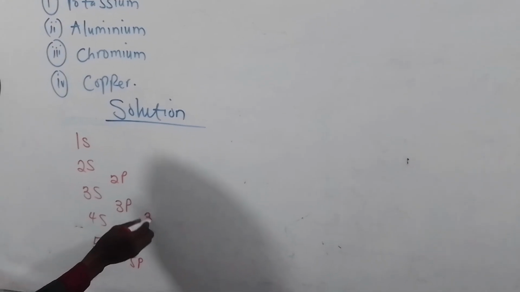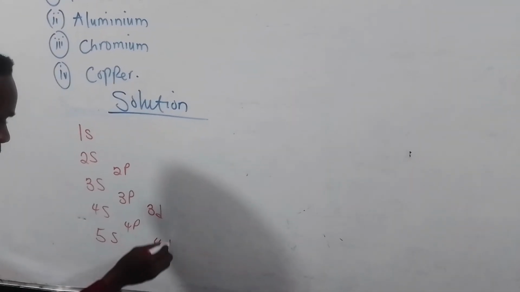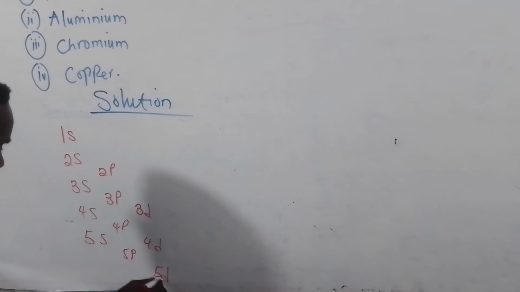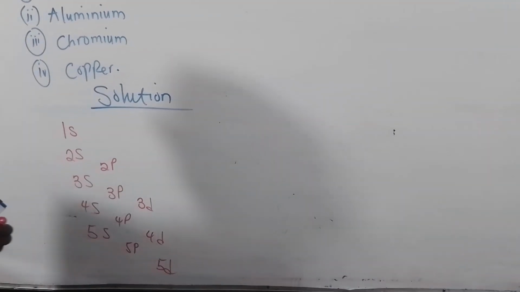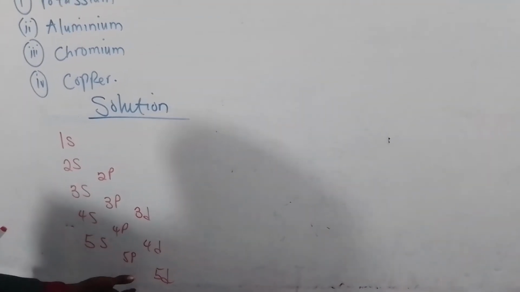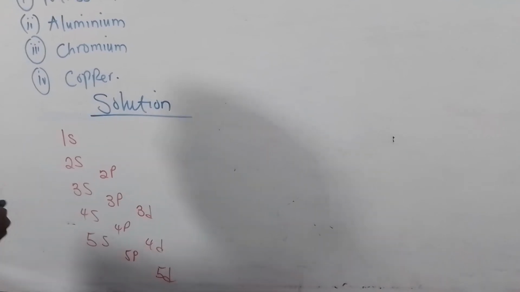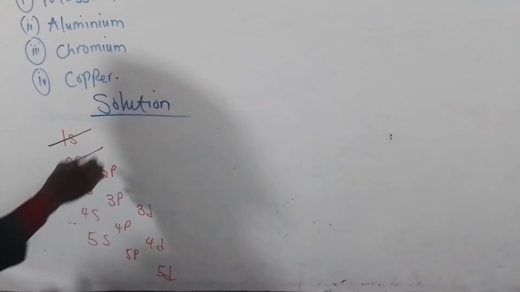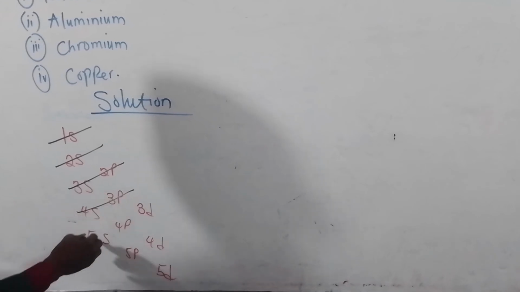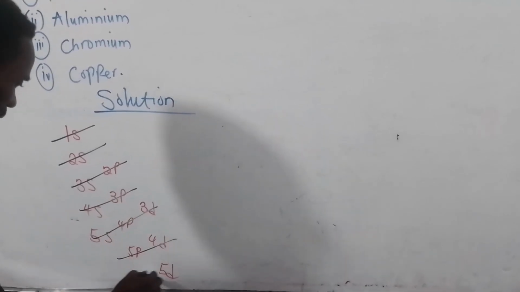We have 3d, 4d, and 5d. At your level now, O level, we should limit it to the d orbital. So here it goes. We have it like this, like this, like this, like this, and like this.